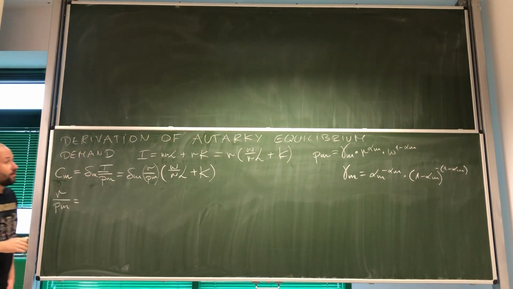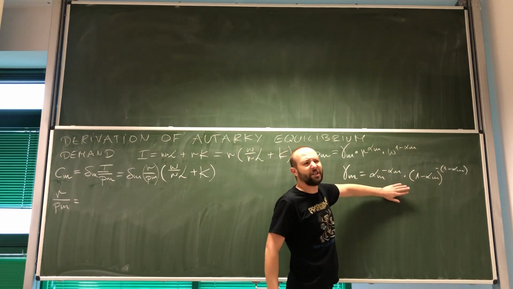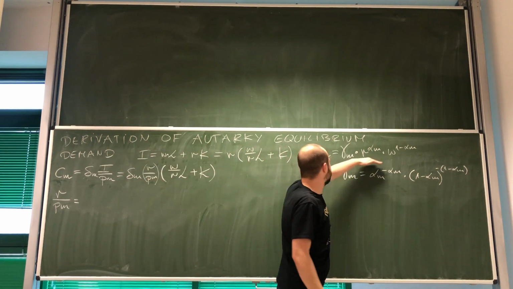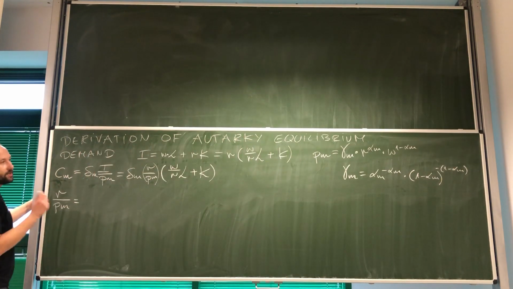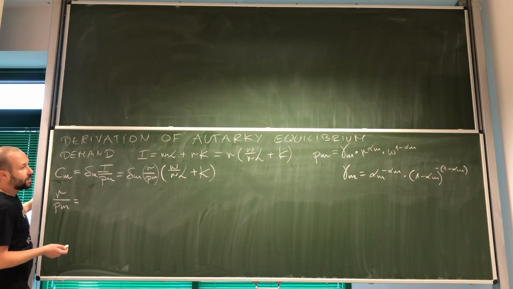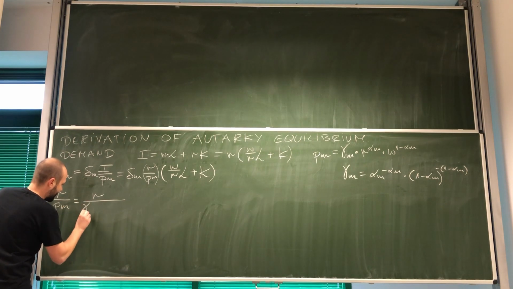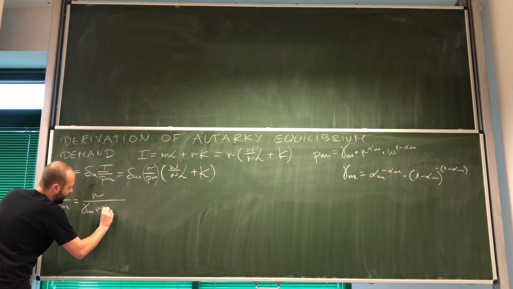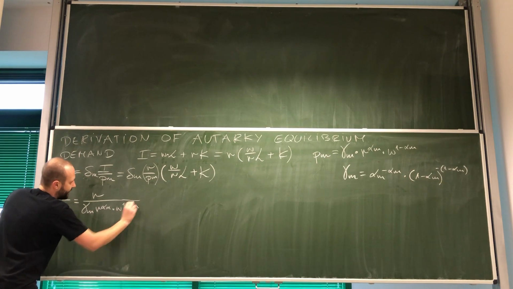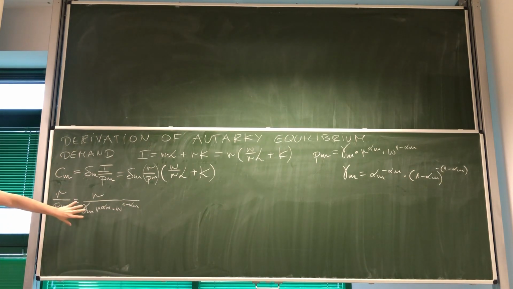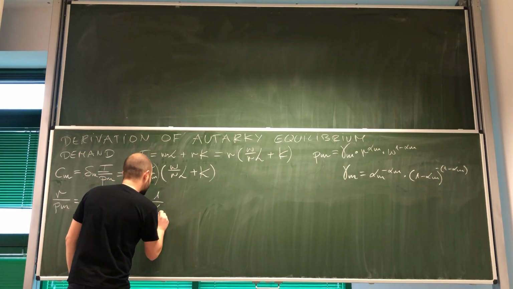Okay, so we can use this. This one we need for later. We can use this to substitute in this expression, right? So what are we going to get here? We've got that this is R over gamma M times R to the power alpha M times W to the power 1 minus alpha M. And look, we can already take this 1 over gamma M out.